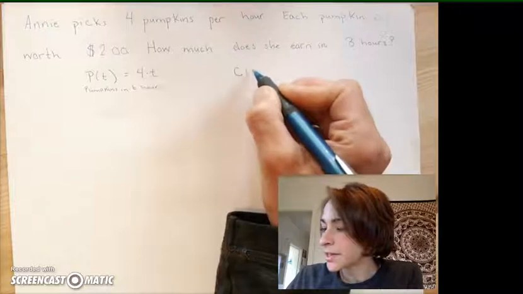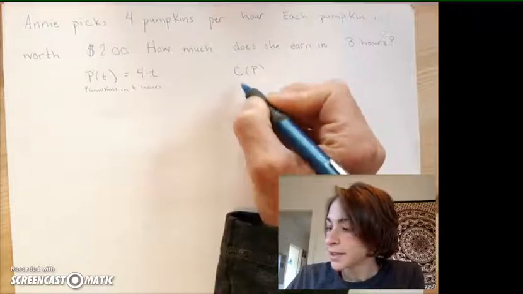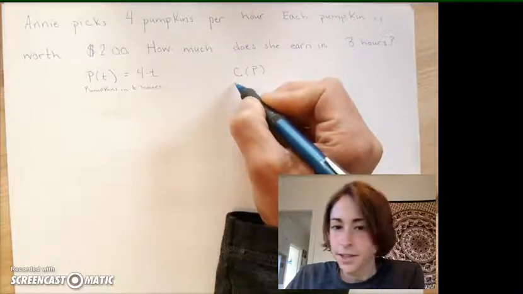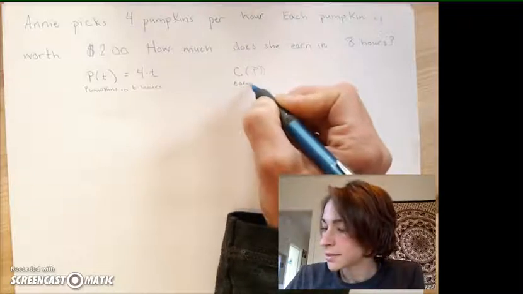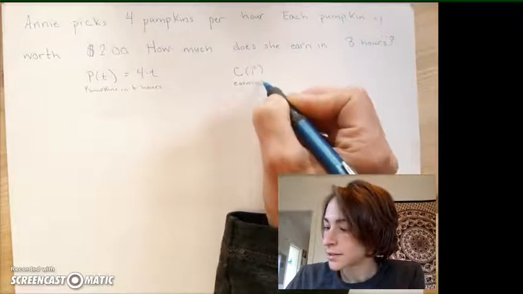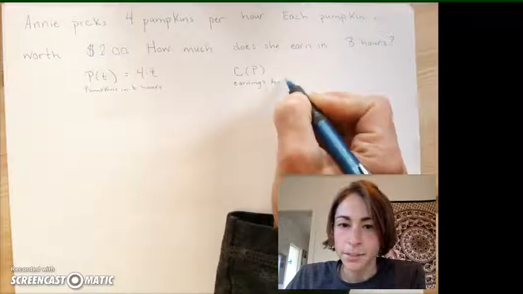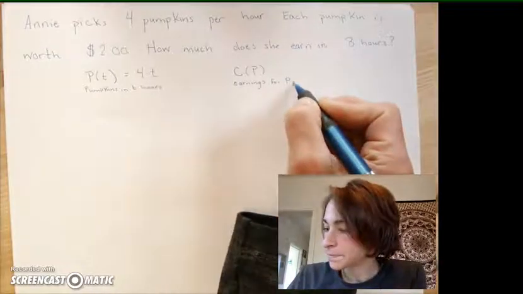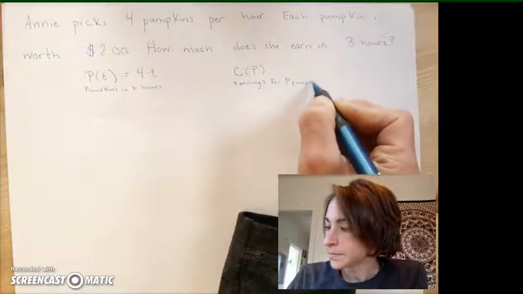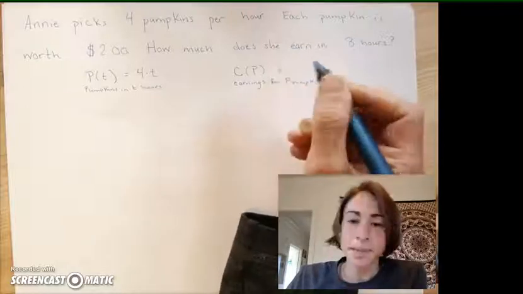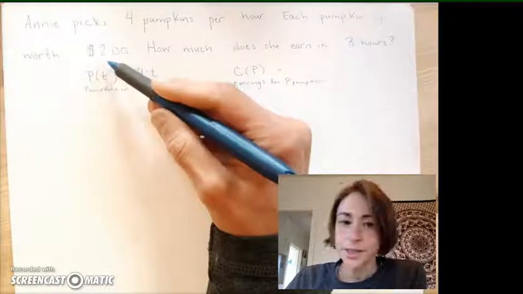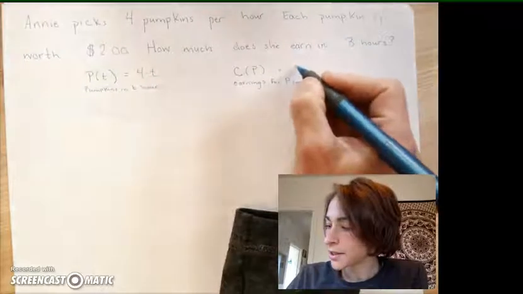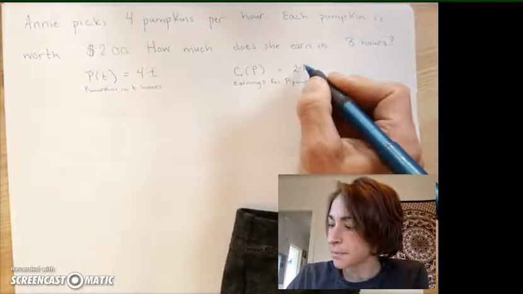We can call that C of P, and C is just the earnings for P pumpkins. So say she's picked P pumpkins and each is worth $2, then her earnings are just 2 times the number of pumpkins, which is P.